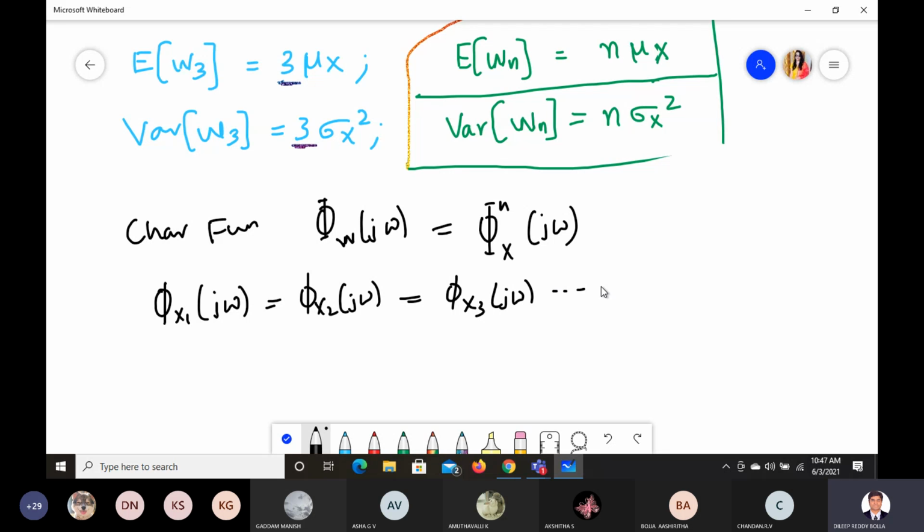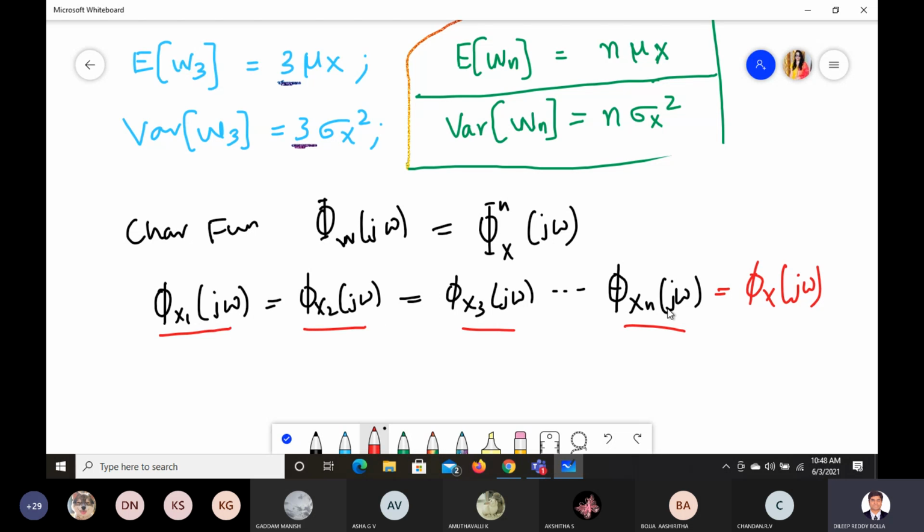And so on, finally up to phi xn of j omega. So finally, that will be equals to, in general, we can write it as phi x of j omega, which means they are identical. So for x1, x2, x3, xn, all in general we can write it like this. So this is nothing but your identical.